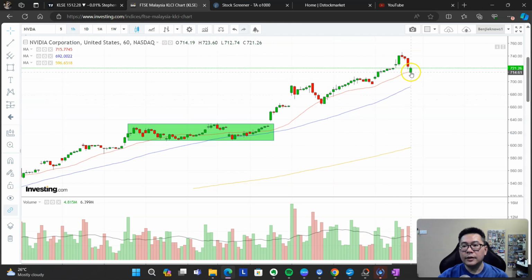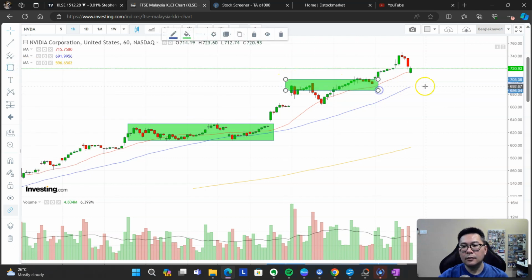Still above the 20 MA, 50 MA. I would say maybe there's a support around here. If we stay above this area and above the rising 50 MA, we want to continue to be bullish bias in the NVIDIA stock.